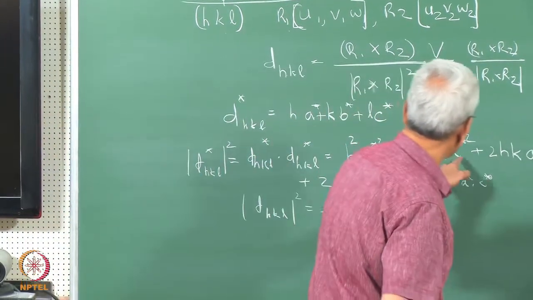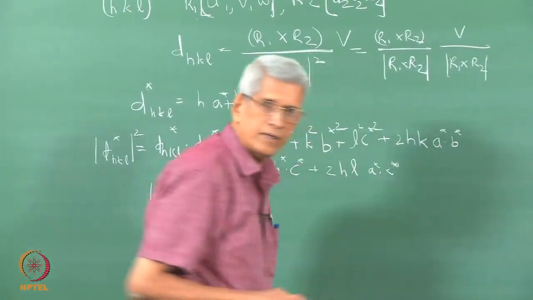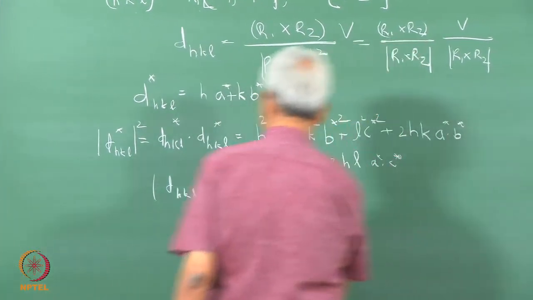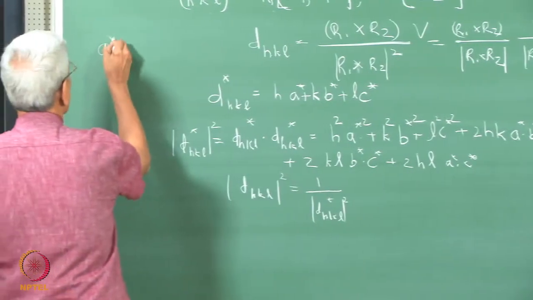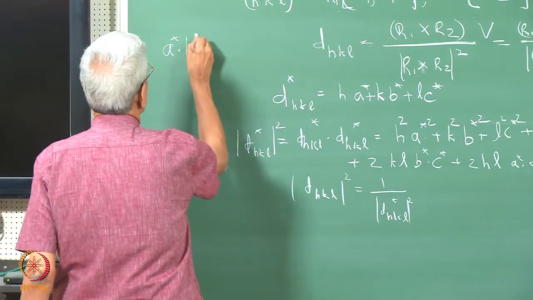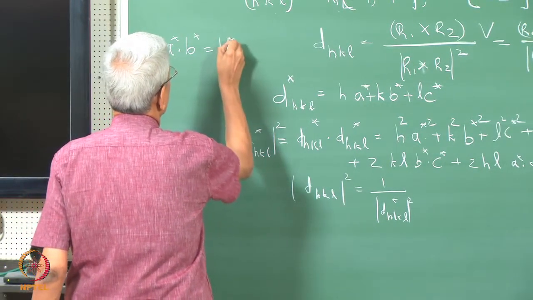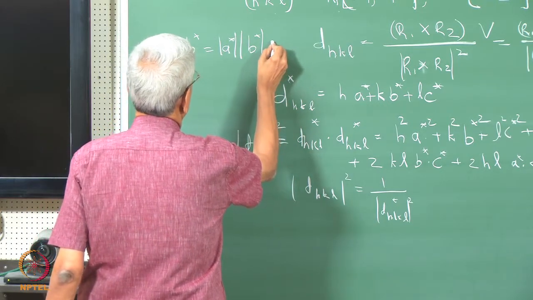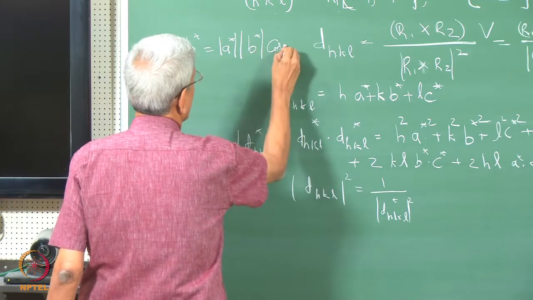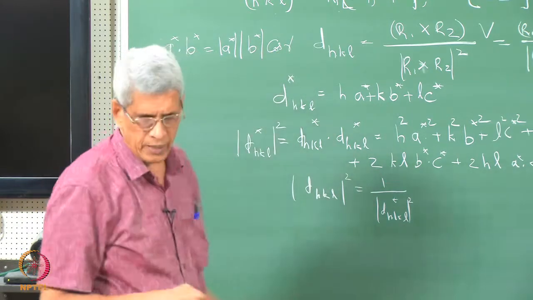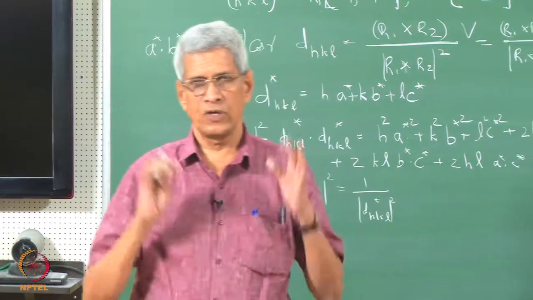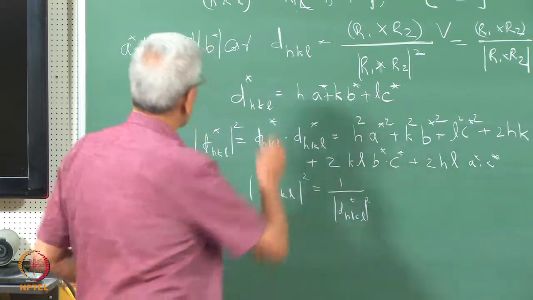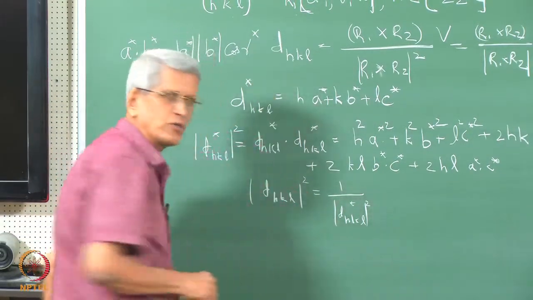Here again if we take A star dot B star, then it will be equal to, for example, modulus of A star into modulus of B star into cos of the angle between them, which is gamma star, the angle between these two vectors.